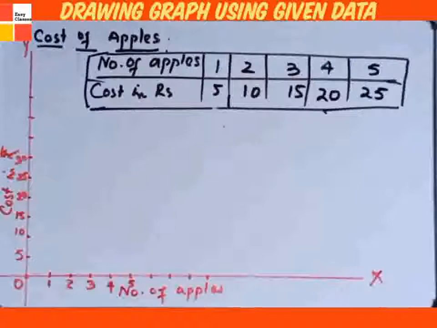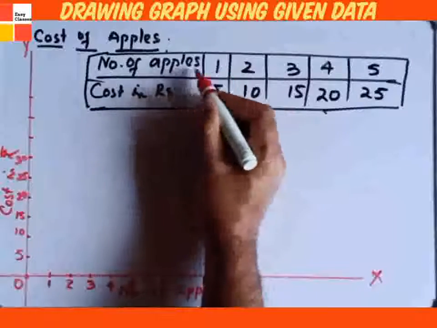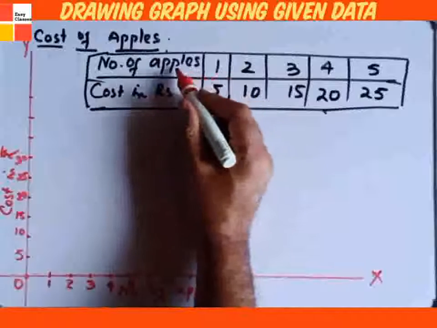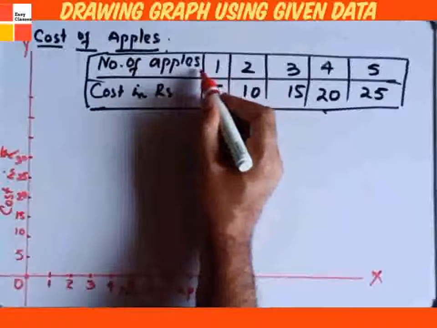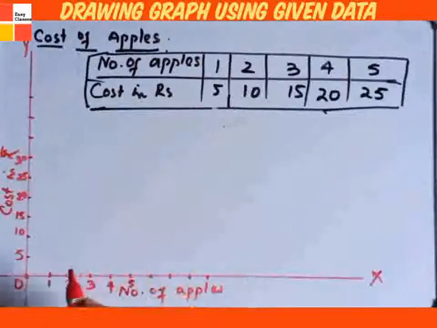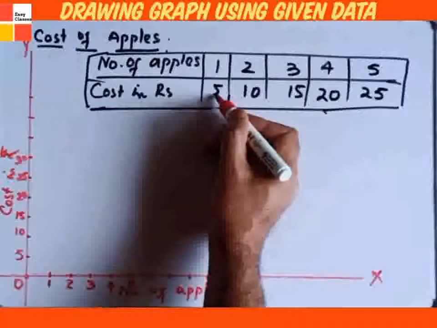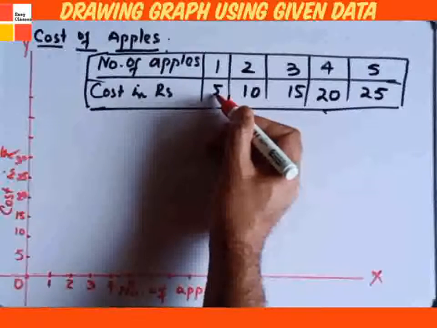For example, 1 apple costs rupees 5. So on the x-axis we have to move towards the right by 1 unit, and on the y-axis we have to move upwards by 1 unit, up to 5, right?